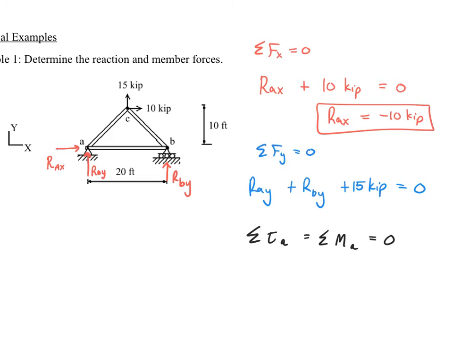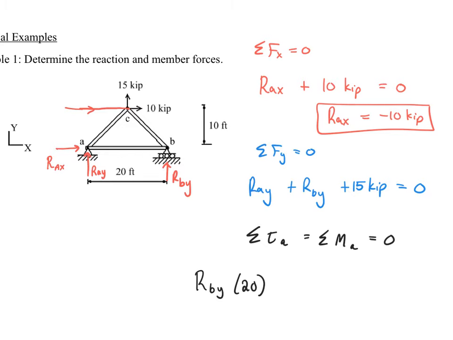They're zeros. Now RBY, think about this, RBY would cause counterclockwise rotation, so it's positive, and it's 20 feet away. So I'm going to multiply it by 20 feet. Then take a look at what I'm doing. We did this yesterday. I'm going to extend this force. Please watch. I'm going to extend this force here and make it look like that 10 kips is there.